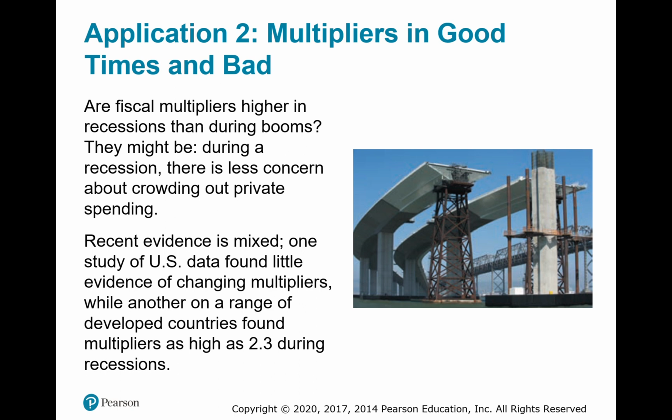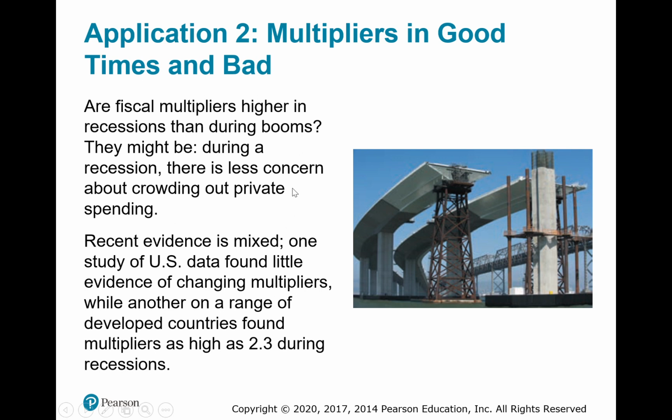2009 to 2016 wasn't a bad thing because we had not that much inflation. That's not a bad thing. But are fiscal multipliers higher in a recession than they are during booms? That's the question. Typically, they might be during a recession. There's less concern about crowding out private investment because, well, it's tough to compete when you have no money.